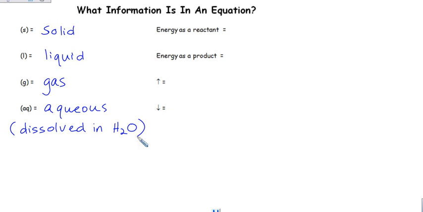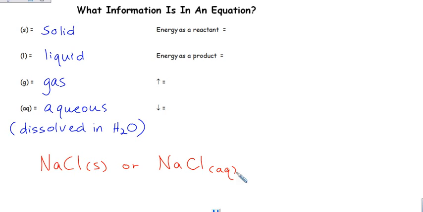For example, you could have sodium chloride, solid, or you could have sodium chloride, aqueous. Sodium chloride naturally occurs as a solid, but you could dissolve it in water, and you could use it as a solution of sodium chloride.